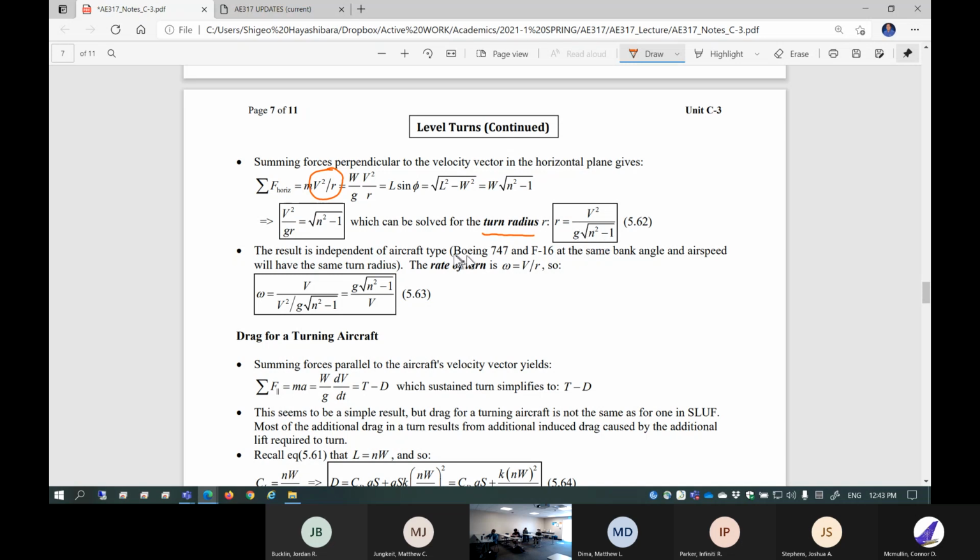And then rate of turn omega is velocity divided by turn radius. So you can get the rate of turn. This is the sustainable level flight. So in order to minimize the turn radius, of course, load factor should be higher. In order to maximize the rate of turn, of course, load factor should be higher.